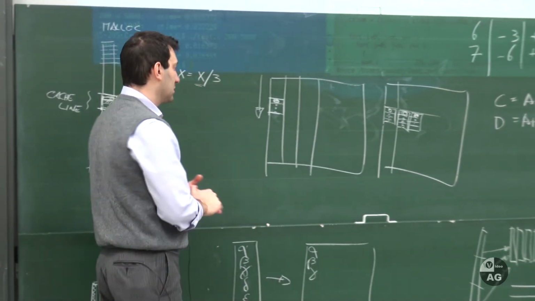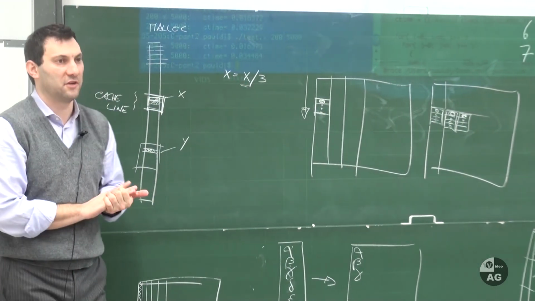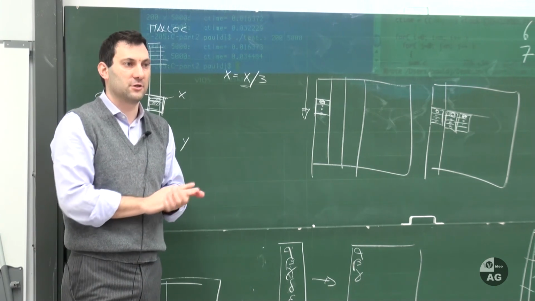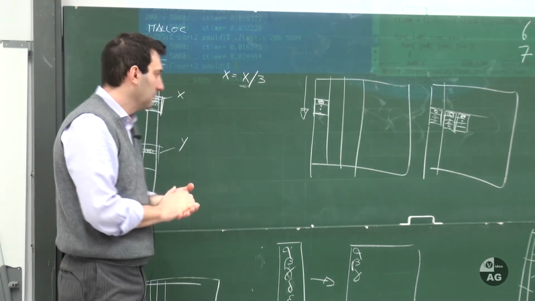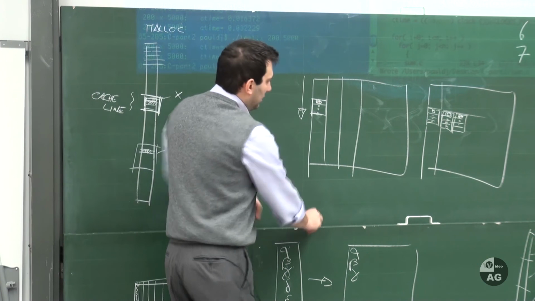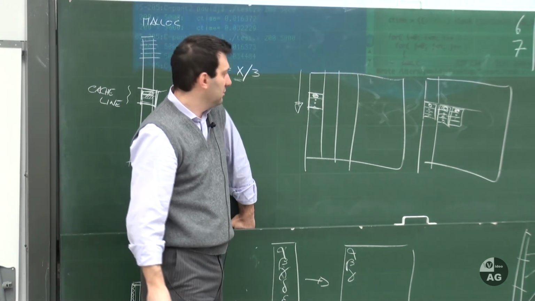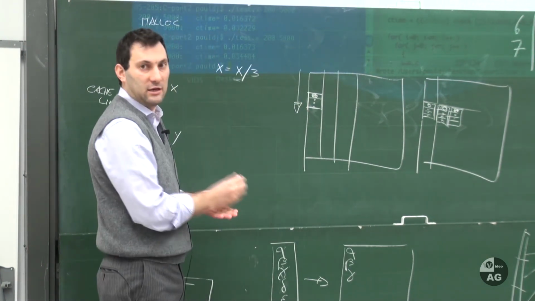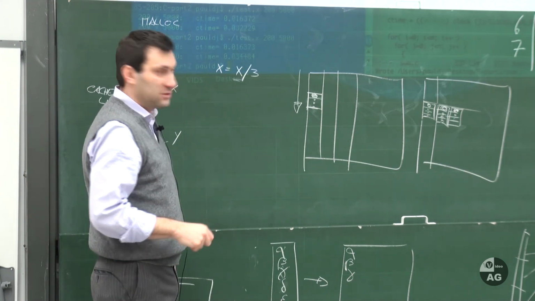Things are even worse if you use prefetching. How many of you know prefetching? Not very many. So the processors nowadays are even more aggressive than just using the cache line mechanism. They use prefetching.